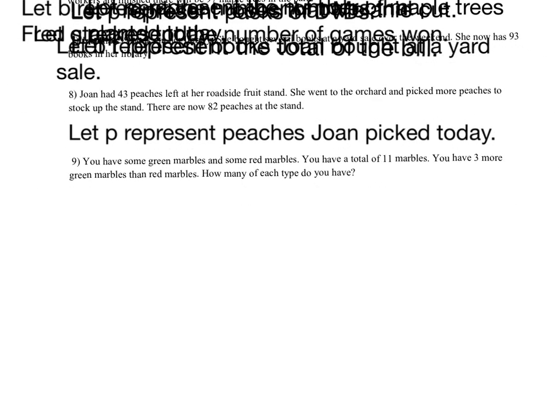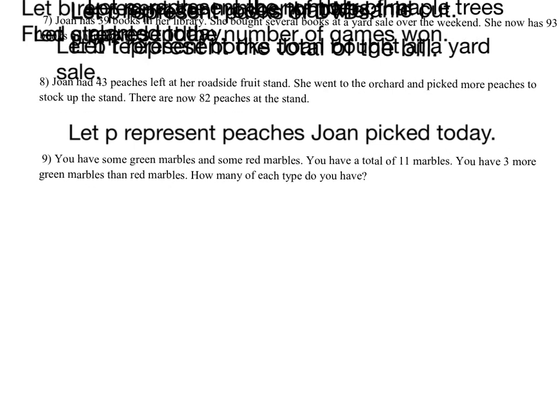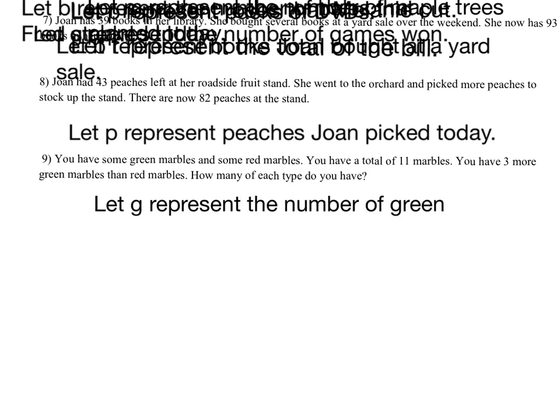And finally, number 9, you have some green marbles and some red marbles. You have a total of 11 marbles. You have 3 more green marbles than red marbles. How many of each type do you have? For this problem, we actually have more than one thing that we would be trying to figure out. So we could say, let G represent the number of green marbles.